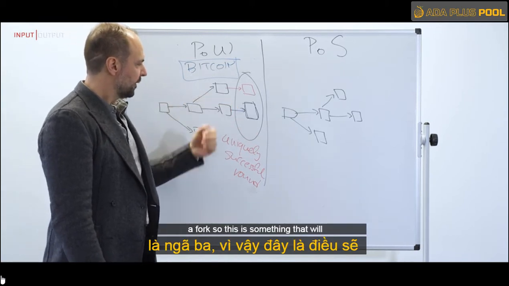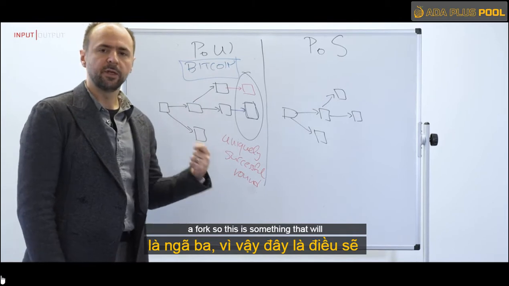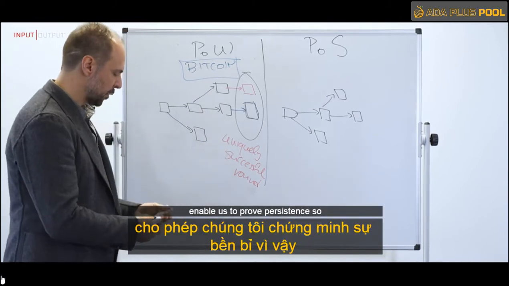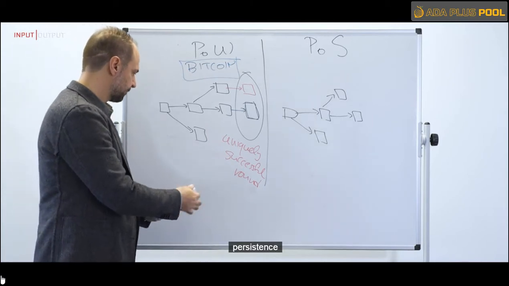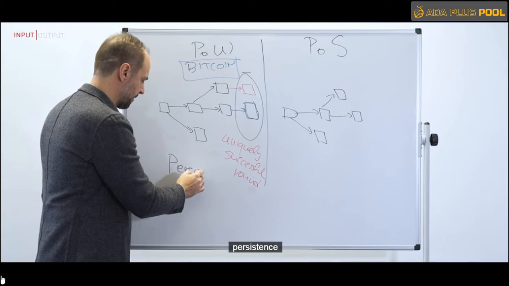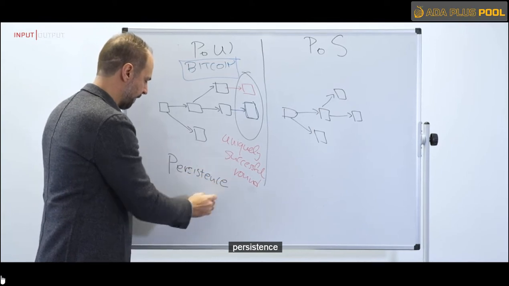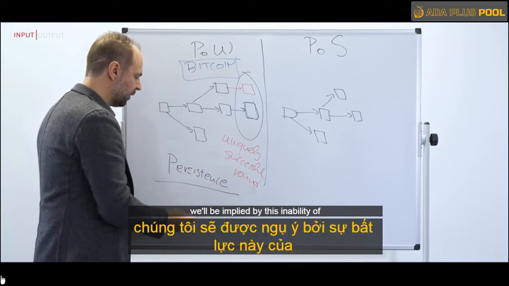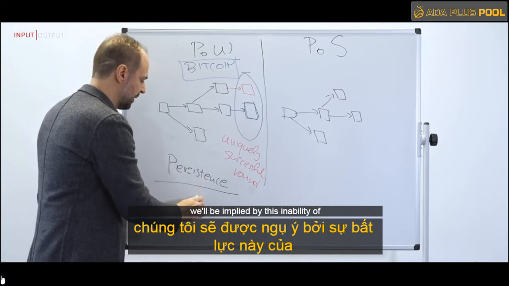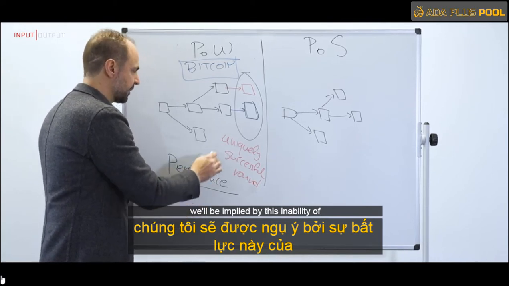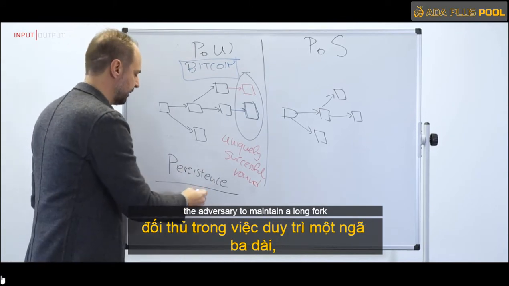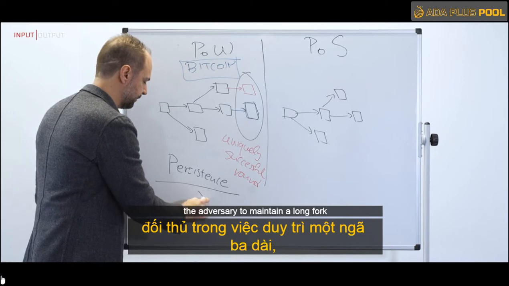So this is something that will enable us to prove persistence. So persistence will be implied by this inability of the adversary to maintain a long fork.